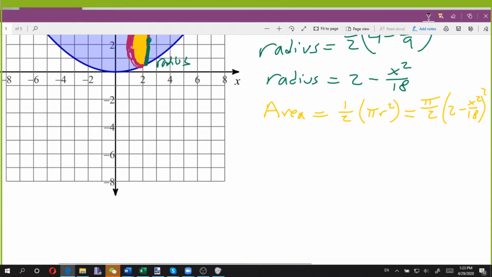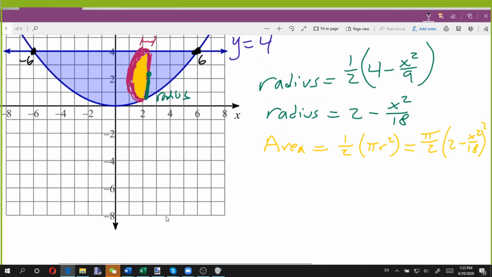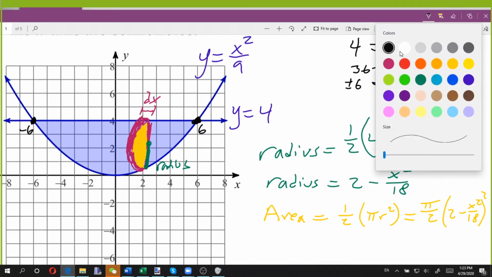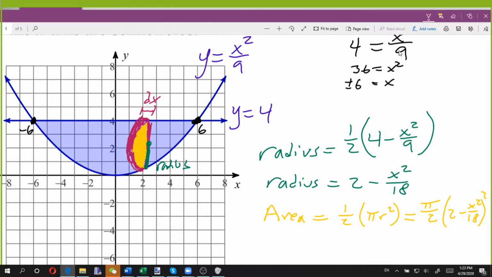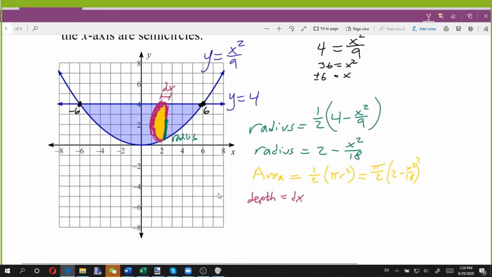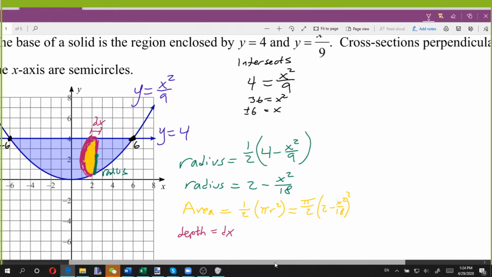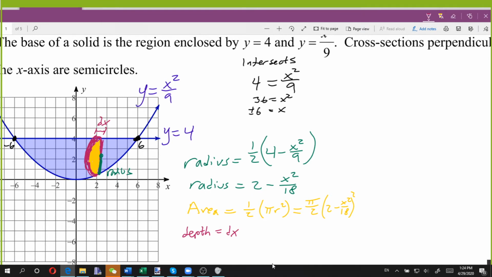Okay, so over to Abby. I need to put all of this into an equation, so that I can integrate and add all of these cross sections together to get my total volume. What should our equation be?